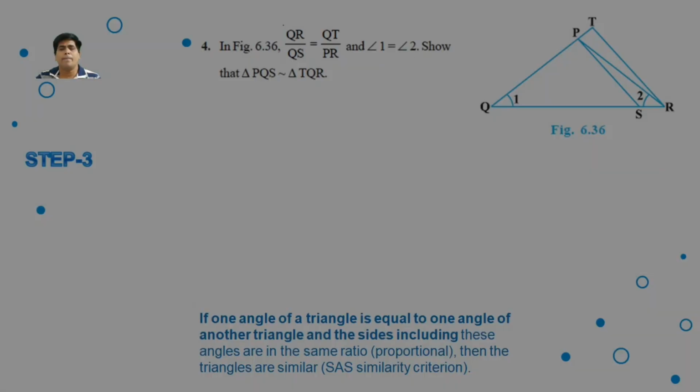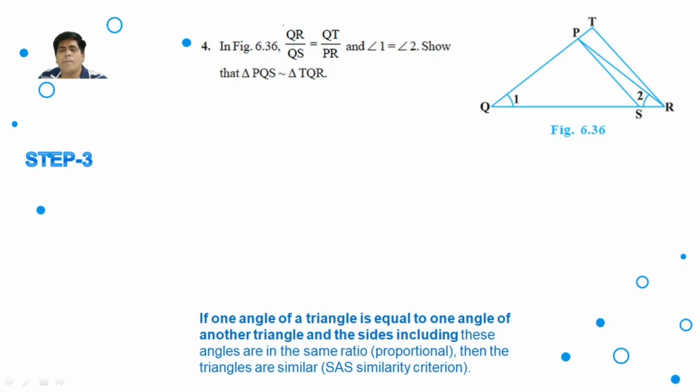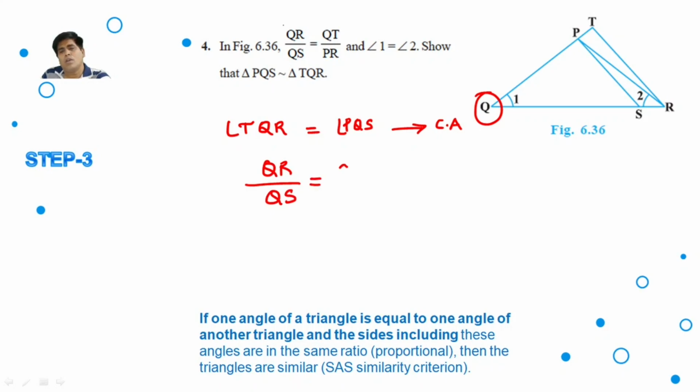Next, come to the last step. If I combine the important observations, clearly Q is a common angle for both the triangles. So angle TQR is equal to angle PQS; this is a common angle. And in step 2 I got the ratio QR by QS is equal to QT by QP.